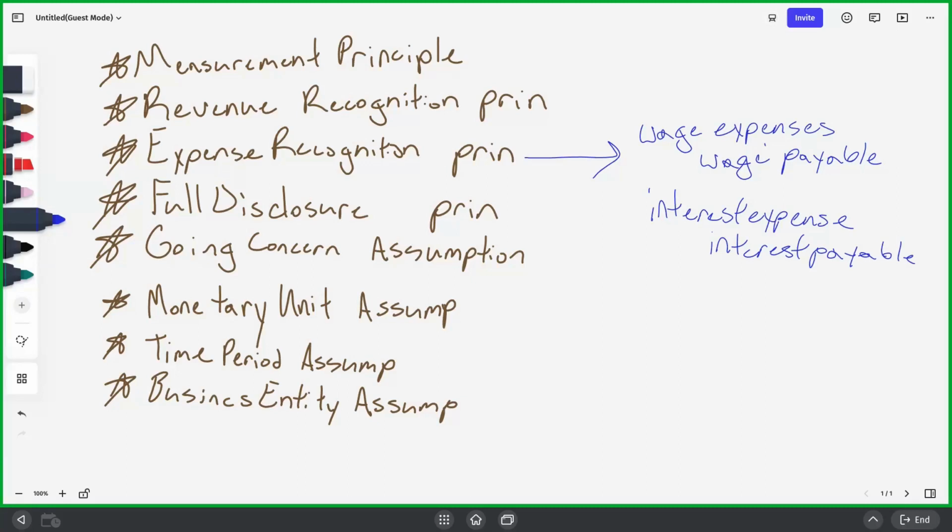Any other questions on the ones we've done so far? Perfect. So what about the monetary unit assumption? Money will be there when you need it. That's a nice way to think. So, does anyone else have another guess? The transactions are expressed through the monetary units.